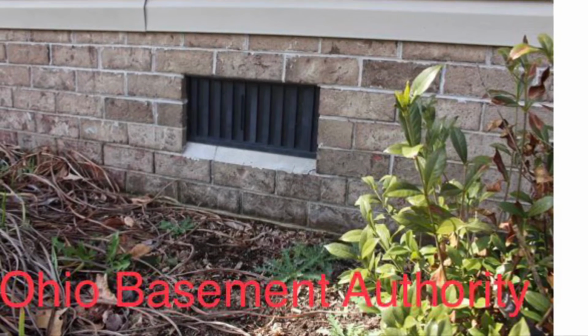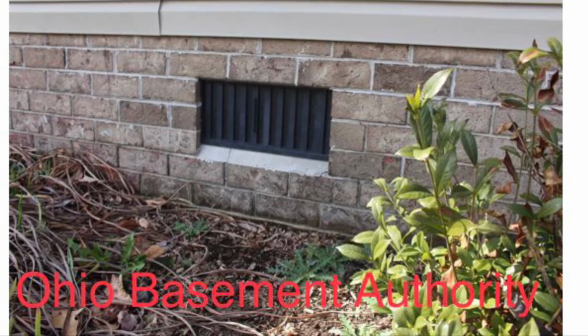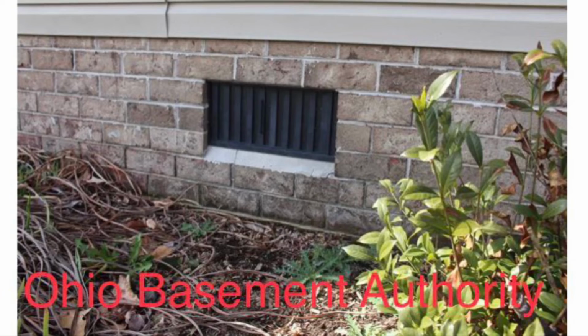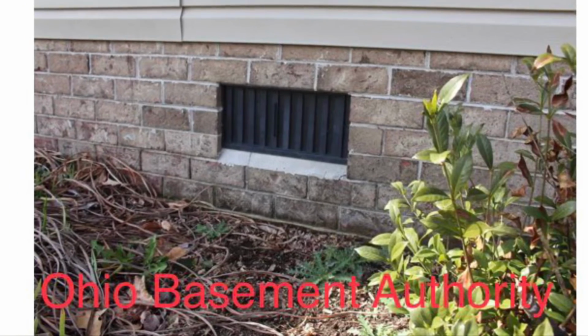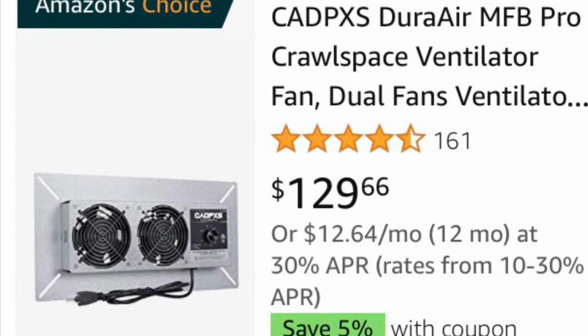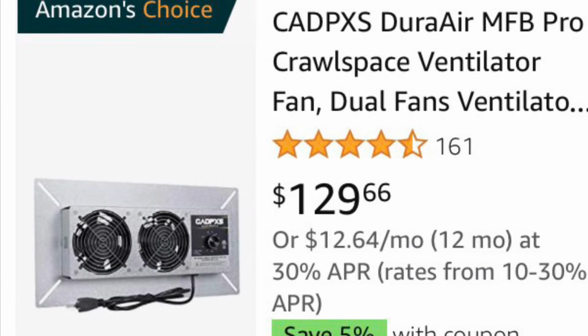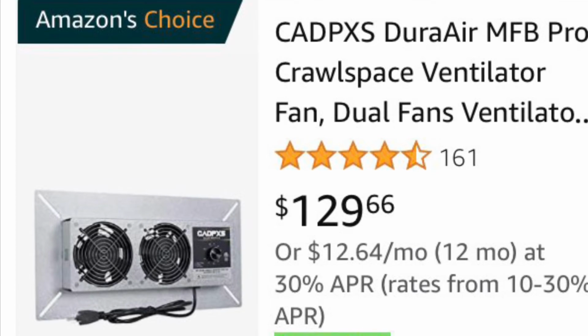And make sure that your crawl space vents are open so that there can be good air exchange under your crawl space. You can even buy fans that fit in the crawl space vent to blow fresh air continually into the crawl space.